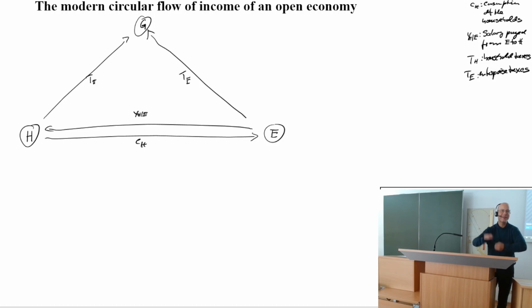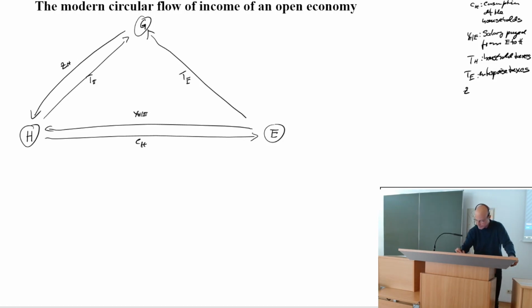We always say, well, we have to pay that much taxes, but if you see, there's very much money coming back from the state. So this we call ZH, transfers or benefits, you called it, but I call it transfers from government to the households.